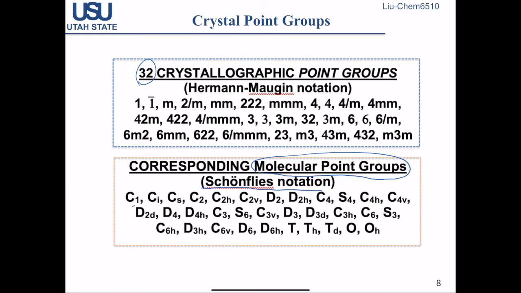Remember the C1 group, Ci group, Cs, C2, C2h, and O group, Oh, tetrahedral. Get your memory back. Then we can get the corresponding 32 crystal point groups. The notation we are using here is called Hermann-Mauguin notation.